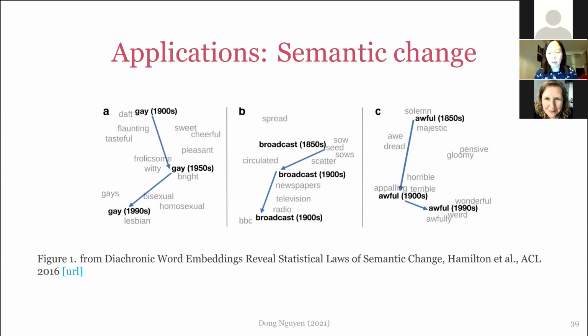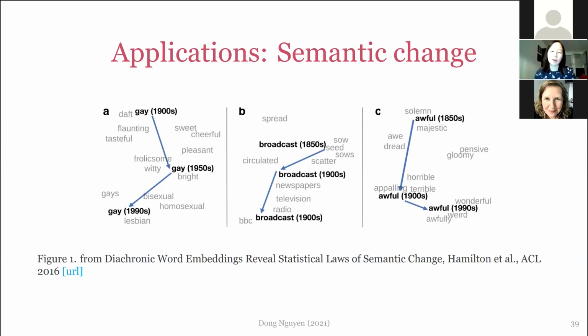So this is a figure from a paper by Hamilton et al. in 2016, where they looked at close words in the embedding space of words. And for example, if you look at broadcast, in 1850, it was associated with words like seed, scatter, circulated, etc. And then it moved more towards media broadcasting, right?